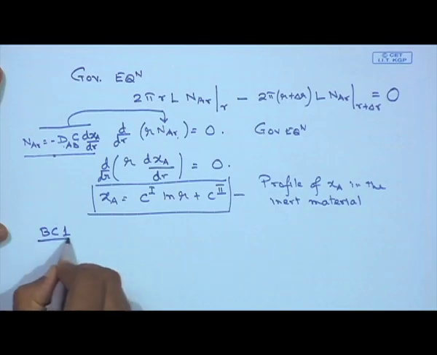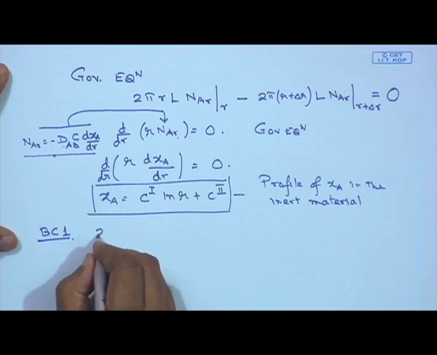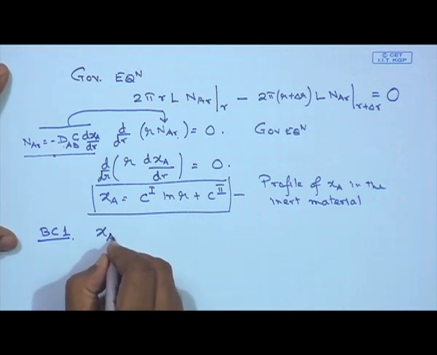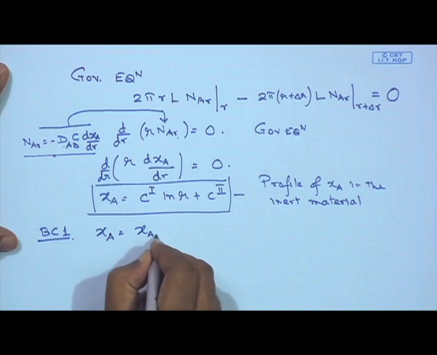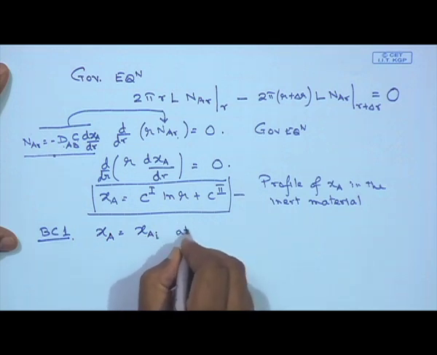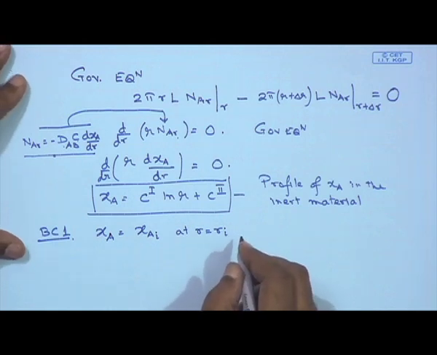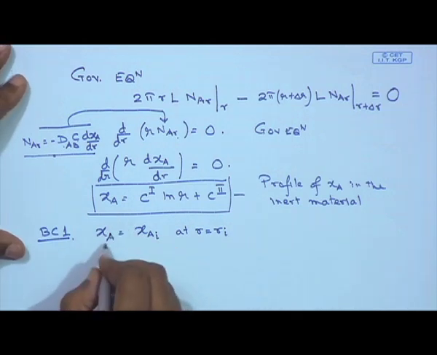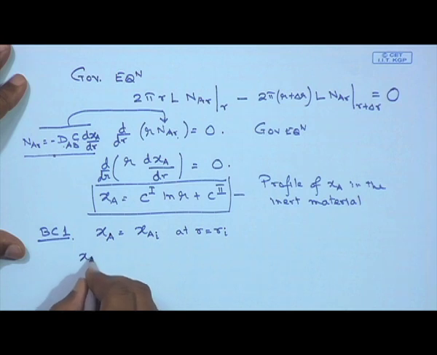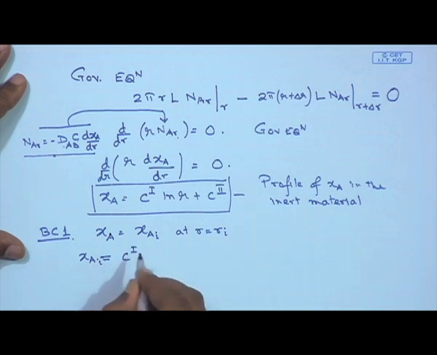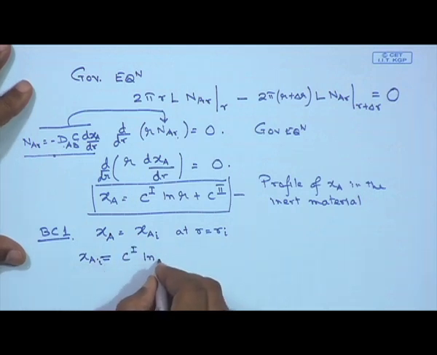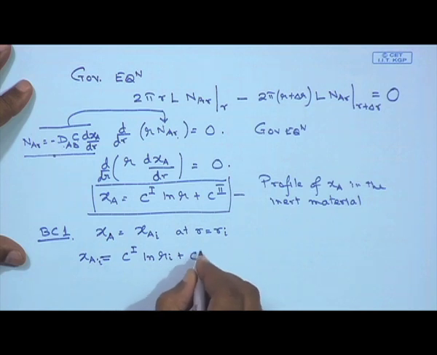So, boundary condition 1 would simply be that x_A is equal to x_Ai at r equals R_i. So, when you put the first boundary condition in here, it is simply going to be x_Ai equal to C1 times ln R_i plus C2.